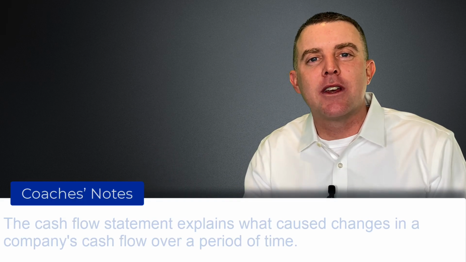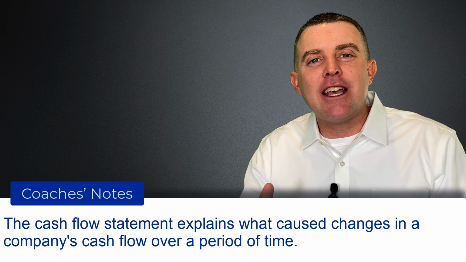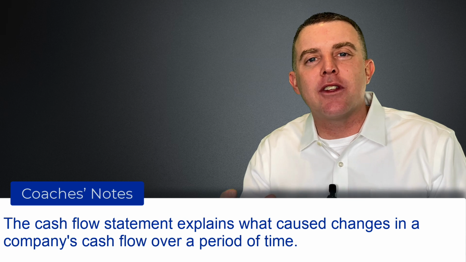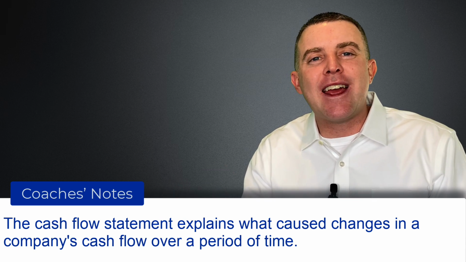The cash flow statement explains how we got from the prior year's cash balance to the current year's balance. So you can think about the cash flow statement as reconciling beginning cash to ending cash. All of those reconciling items in between represent cash inflows and outflows from the company.